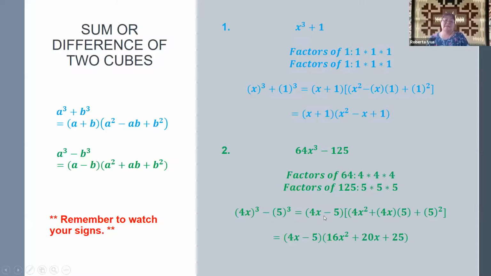And I got 4x minus 5 times 4x squared plus 4x times 5 plus 5 squared. And my answer came out to be 4x minus 5 times 16x squared, combine the 4x times 5 which came to plus 20x, and squared the 5, plus 25.